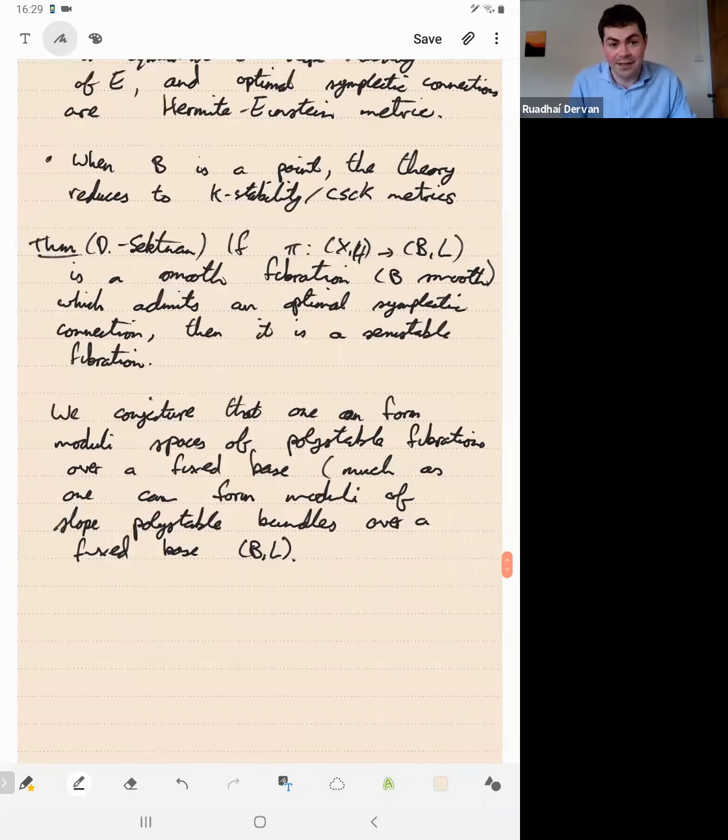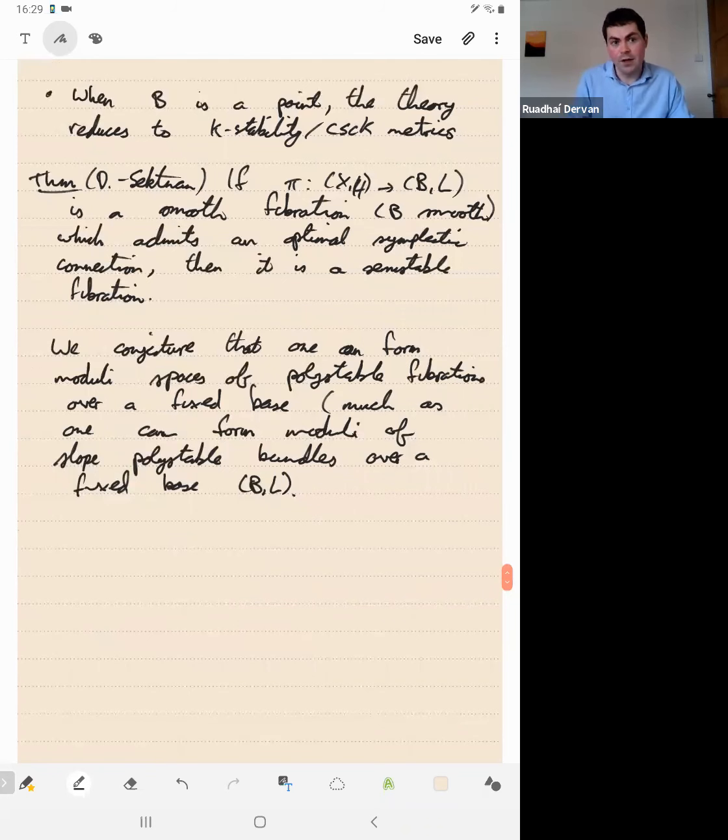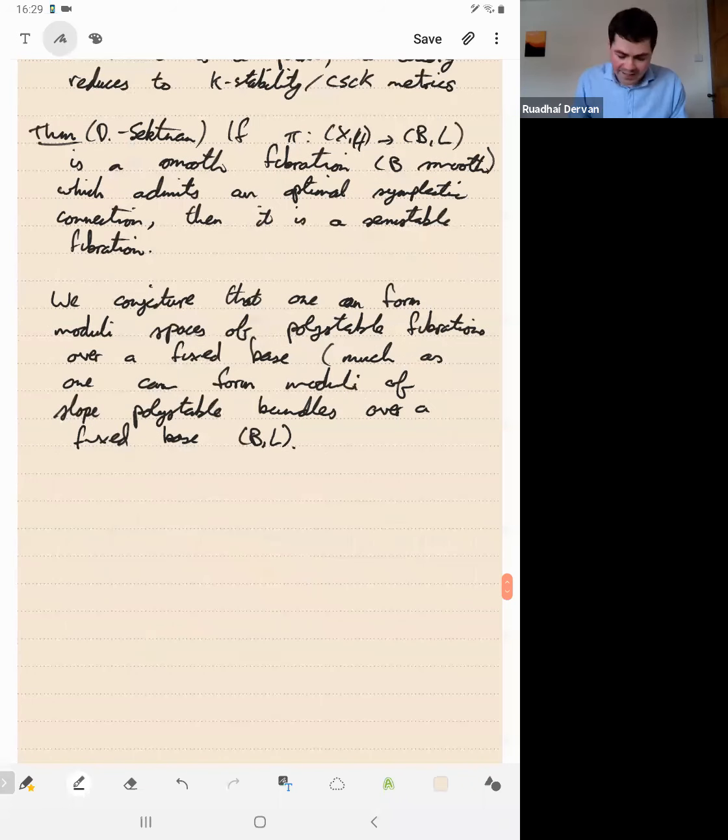The compactification in this case seems very subtle, but we, in addition, conjecture that you can form a projective moduli space, so compact, when the fibers are Fano. So this is a Fano fibration. I think this is a kind of important point. So we conjecture that one can form these moduli spaces.